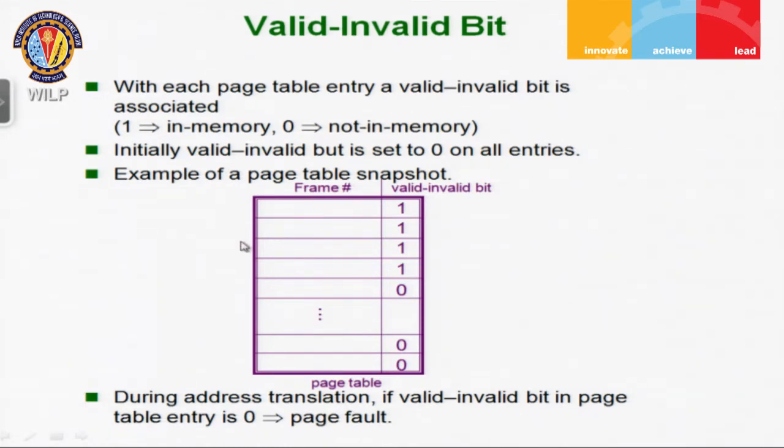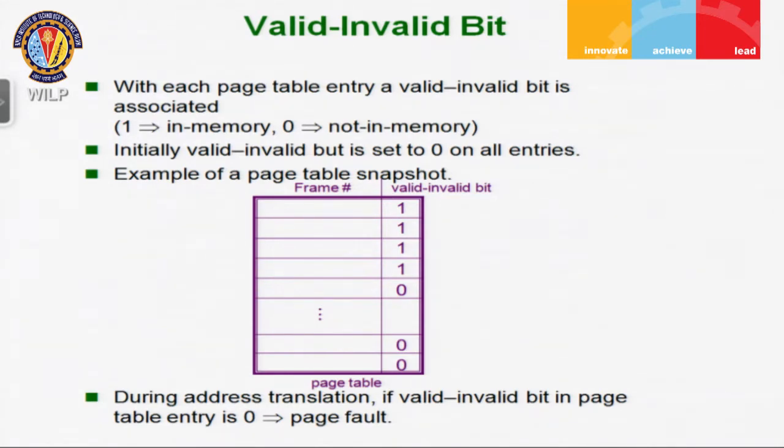So let's say that somehow we index into an entry where the valid-invalid bit is 0. This essentially means that the frame we are trying to access has not yet been brought from the secondary storage into the main memory, and as a consequence the corresponding data or instruction is not available for processing or for executing.